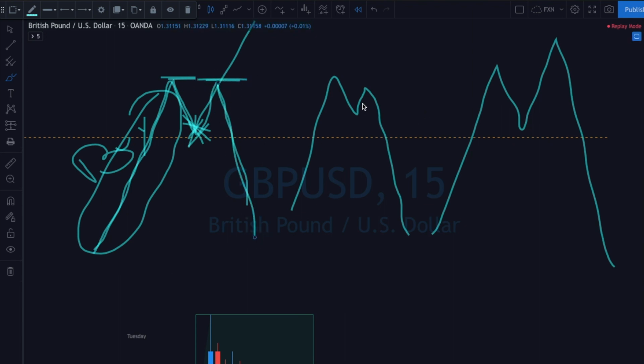Okay, on the example here of why this one's shorter than this one, well, it's pretty simple. They induce traders to go long on this one here, on this leg. Okay. When they come back down and they go back up, they already have all of the traders that they need on this move.